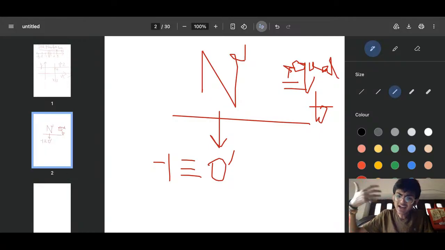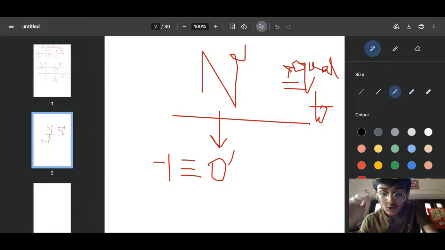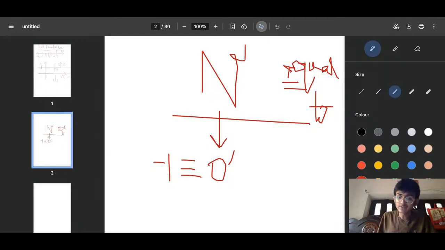Even n power square would mean a different thing, so don't get confused with n dash and n double dash. It will be a different system where we'll have to assign a definition to run this system. So we have defined that the minus one in the older system is equivalent to 0 dash in this new system.